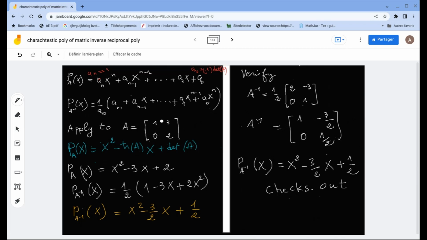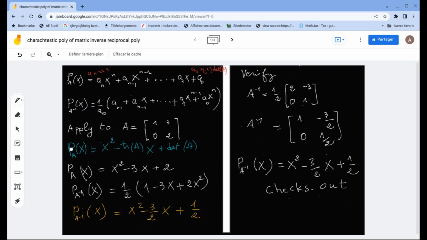Then I switch the diagonal entries 1 and 2, 2 and 1, and then negate the off diagonal entries, 0 is minus 0, 3 is minus 3. So 1 over 2 times 2 is equal to 1. 1 over 2 times minus 3 is minus 3 over 2. 1 over 2 times 1 is 1 over 2, and here 0.